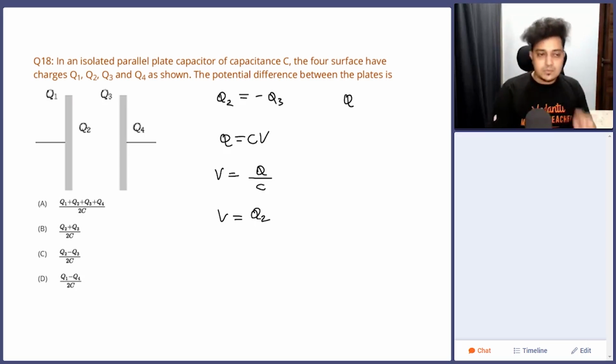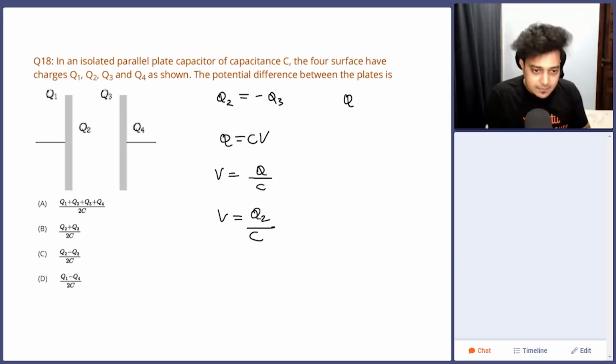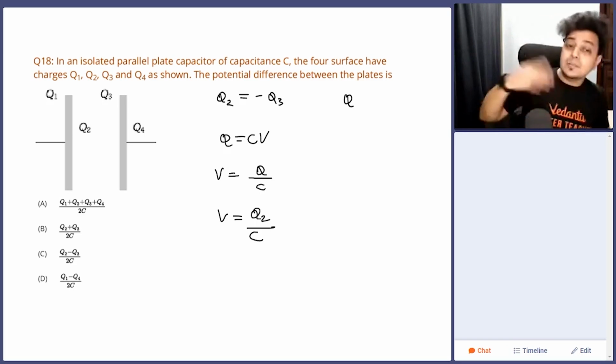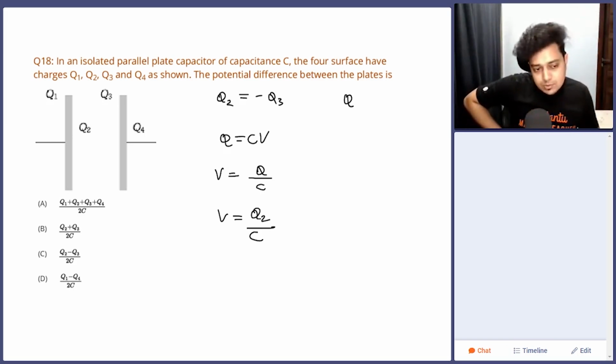Q2 is the charge on one side and Q3 is the charge on the other side. It's the charge on any positive side divided by C. This is the answer, but we have to manipulate it as per the options. So Q2 should be the final answer.